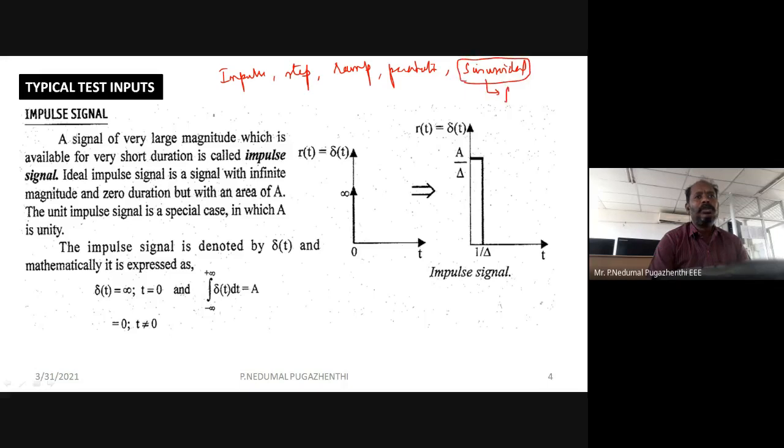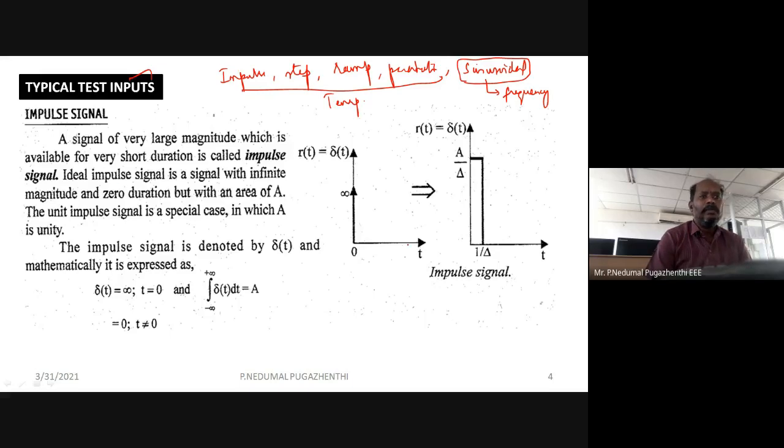We will discuss it when dealing with frequency domain analysis, because a sinusoidal response has some frequency in it, and these four responses do not have any particular frequency. These are the test signals, the test inputs, which we will discuss in this class.